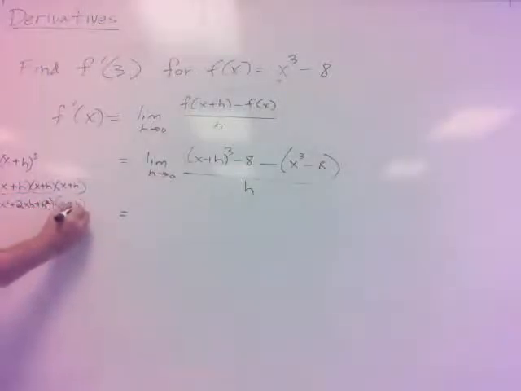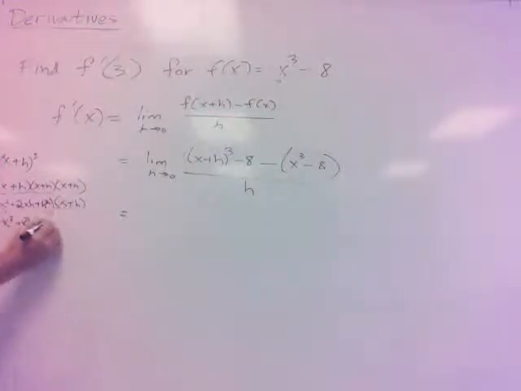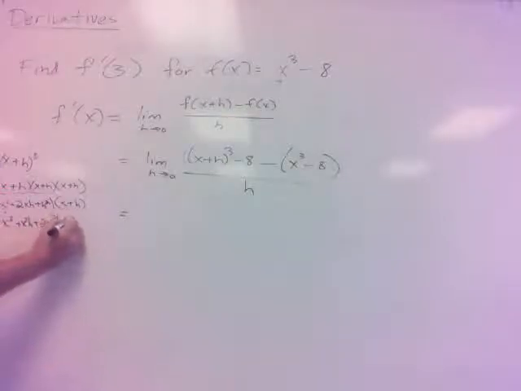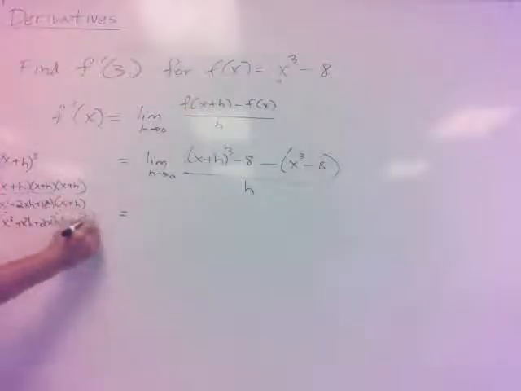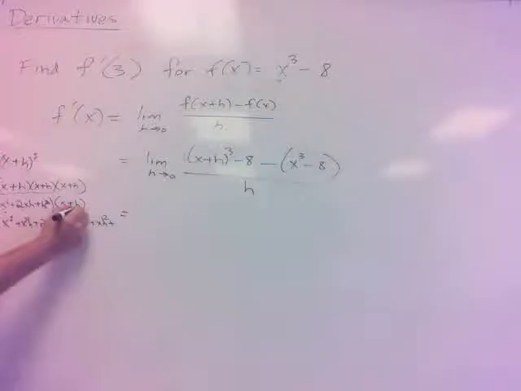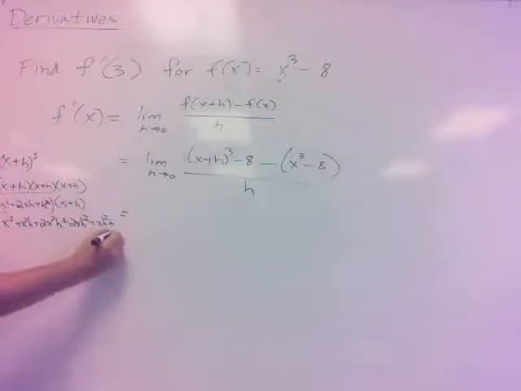Multiply that by x plus h. So that'll be x cubed plus x squared h plus, 2xh times x will be 2x squared h. 2xh times h will be 2xh squared. h squared times x is xh squared. And then h squared times h is h cubed.